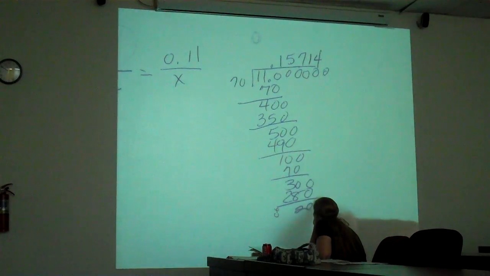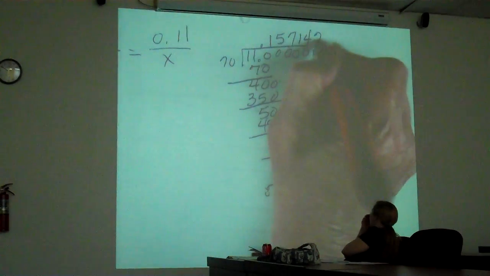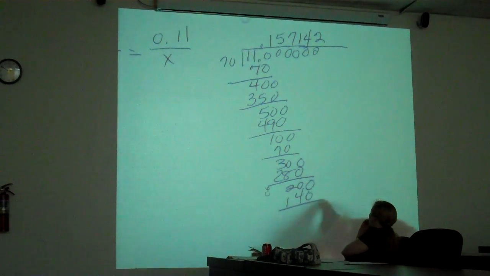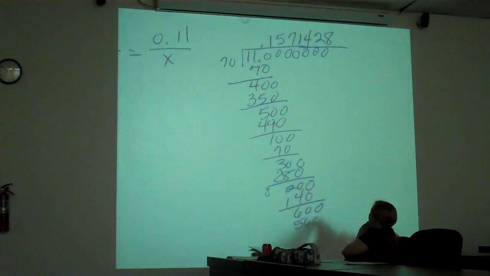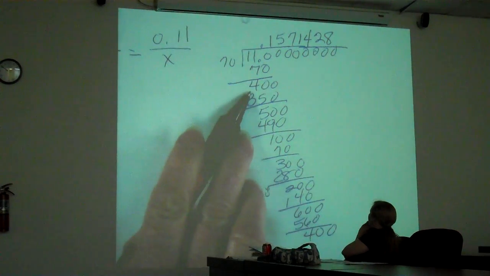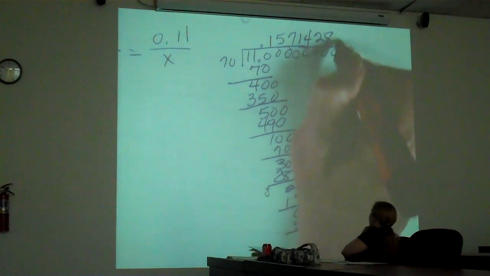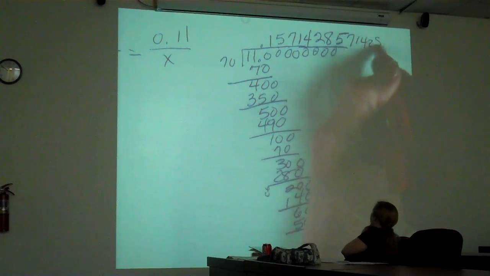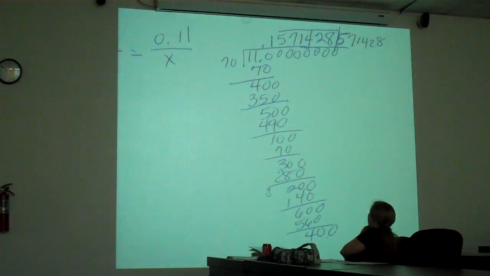Is it ever going to end? 70 into 200, 2. 60, that's going to be an 8. 8 times 7 is 56. Hey, we had a 40 back here, huh? What did we put when it was that? We put 35. So this is where it's going to start repeating: 1, 5, 7, 1, 4, 2, 8. Right there where it started repeating, you can just put a line.